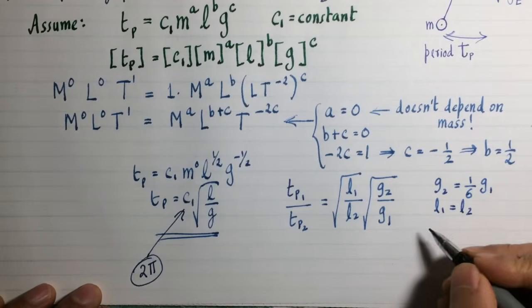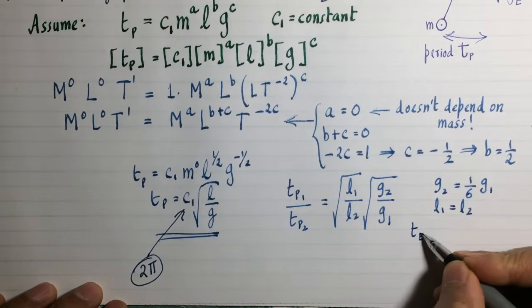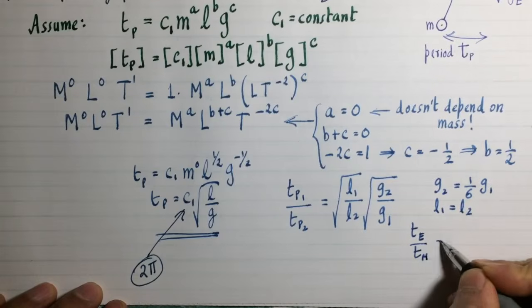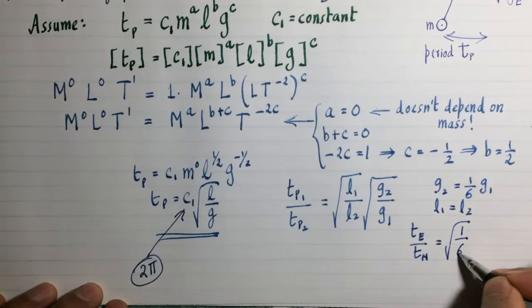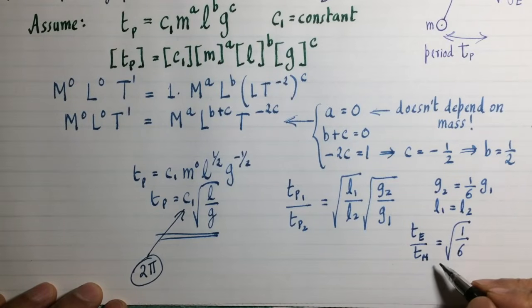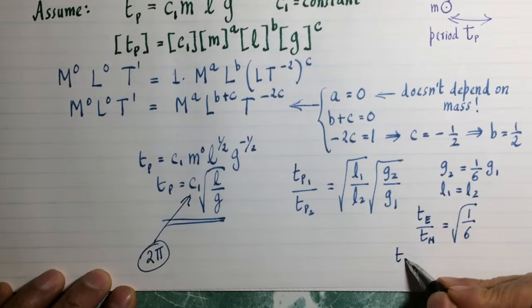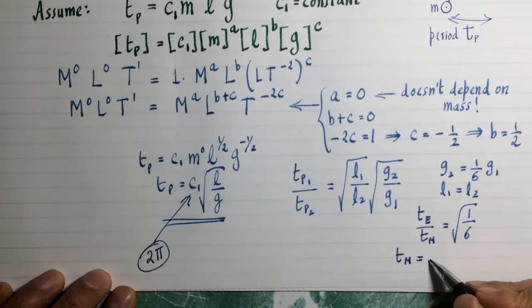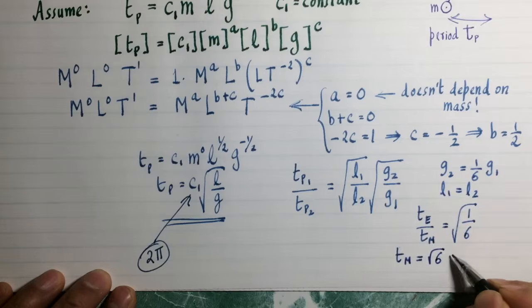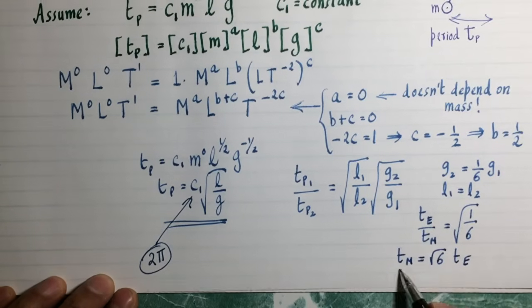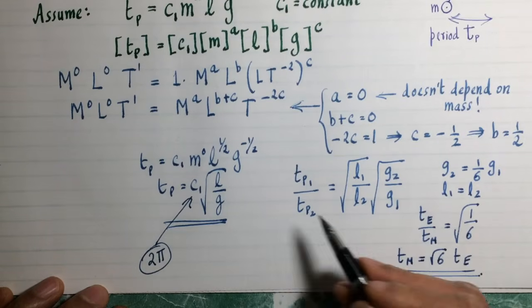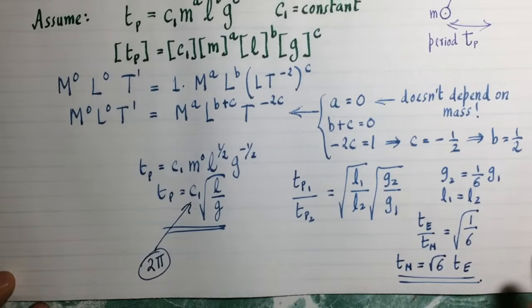So if you take a pendulum to the moon, T Earth over T moon is just going to be the square root of 1/6. So this tells us that the period on the moon is going to be bigger. If you solve this, I get root 6 times TE, which is expected, because if gravity is weak, then the pendulum is going to swing slowly.